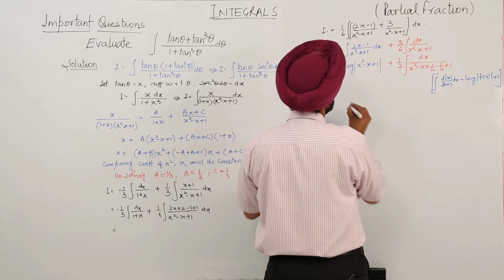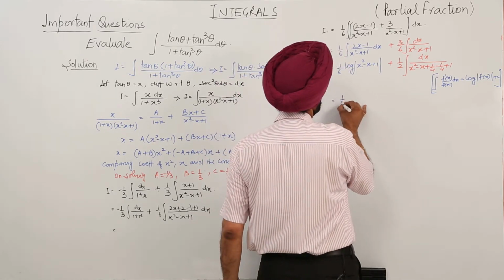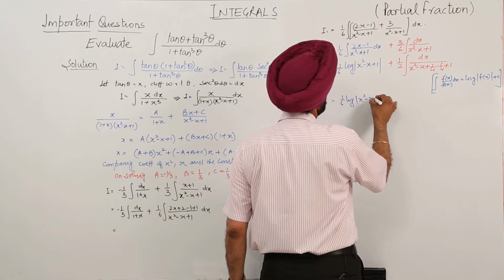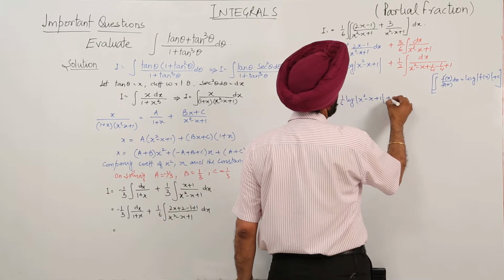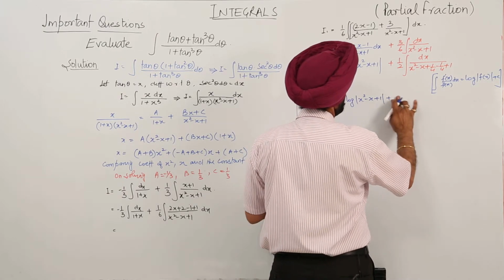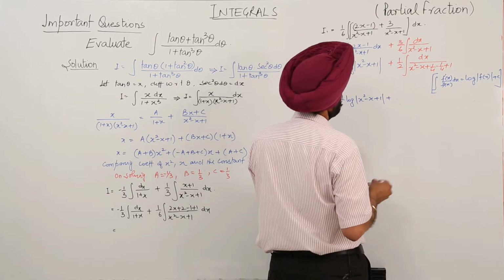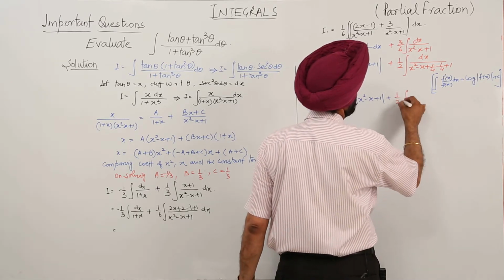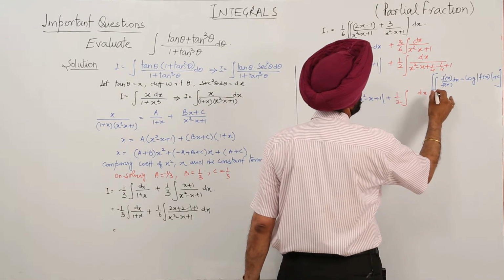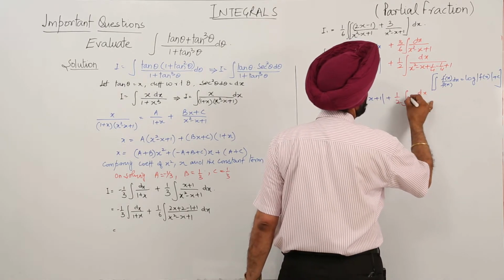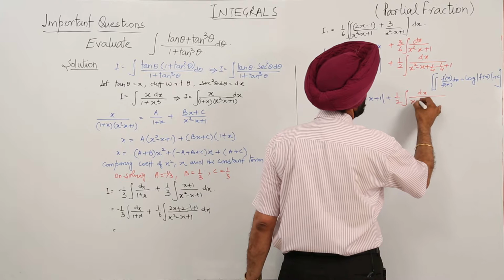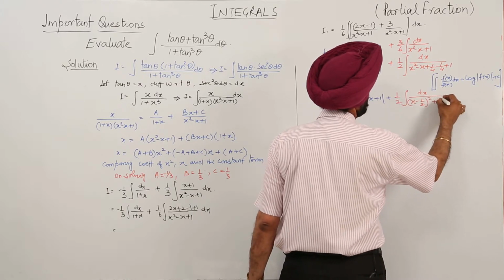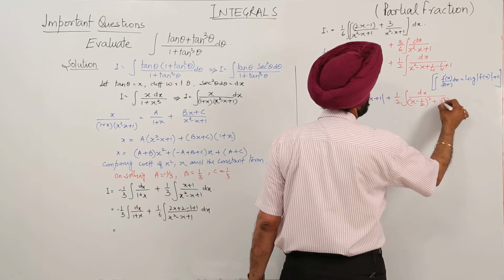Now we have 1 by 6 log (x square minus x plus 1) plus 1 by 2 integration of dx upon (x minus 1 by 2) whole square plus (root 3 by 2) whole square.